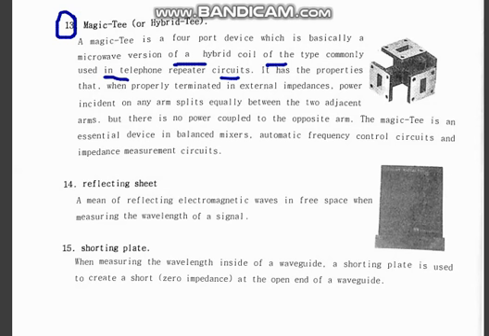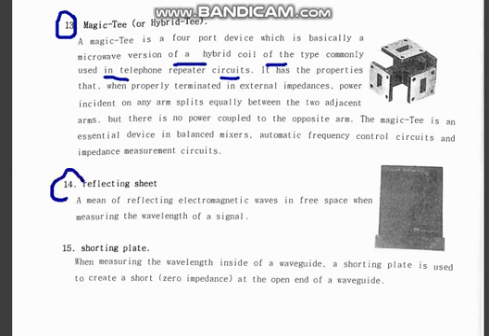When properly terminated in external impedances, power incident on any arm splits equally between the two adjacent arms, but there is no power coupled to the opposite arm. The magic T is an essential device in balanced mixers, automatic frequency control circuits, and impedance measurement circuits.